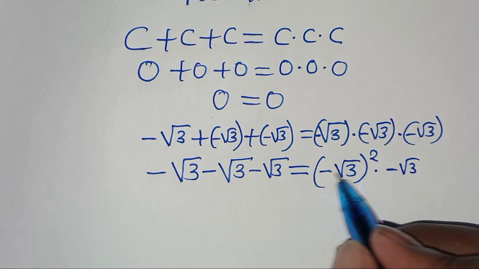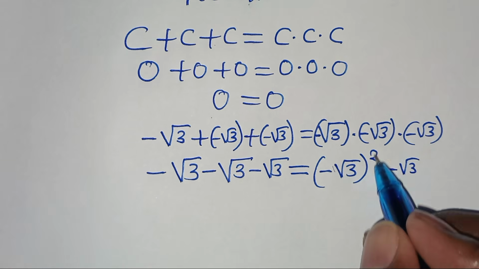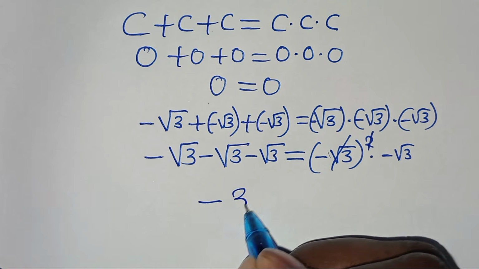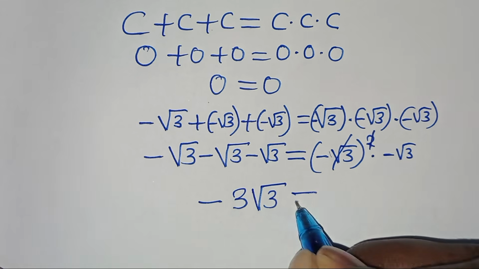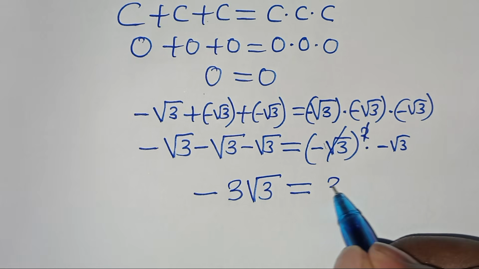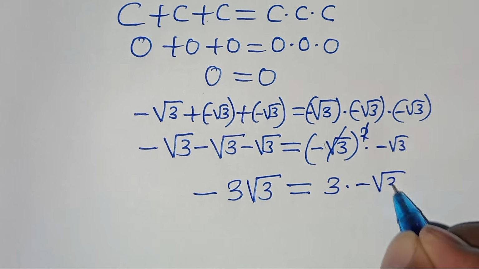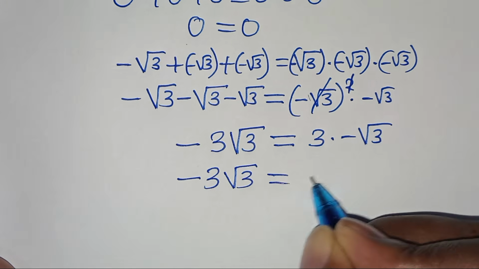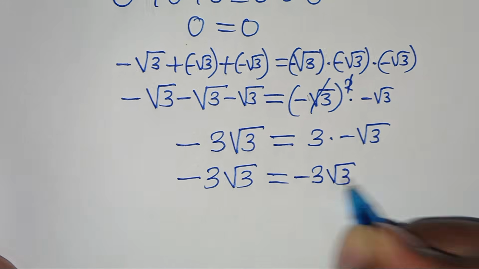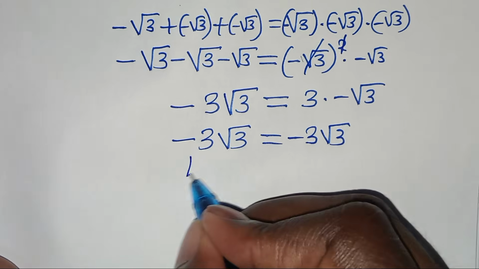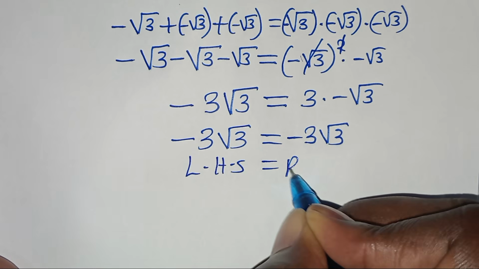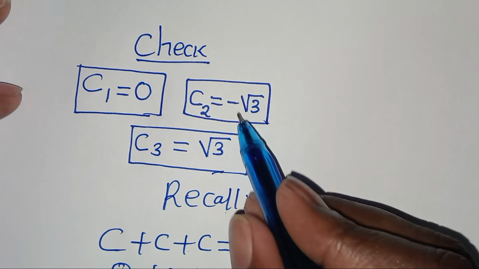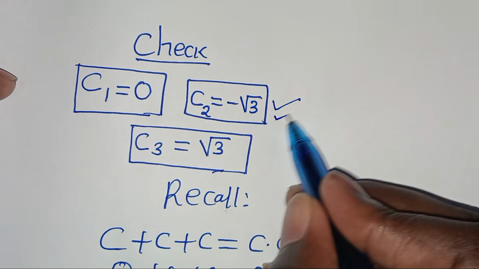Negative 1 squared is 1, then square root of 3 raised to the power of 2 becomes 3, so this is minus 3 square root of 3, and on the left we have 3 times minus square root of 3, which is negative 3 square root of 3. So the left hand side is equal to the right hand side, and this proves that c2, which is minus square root of 3, satisfies the equation.